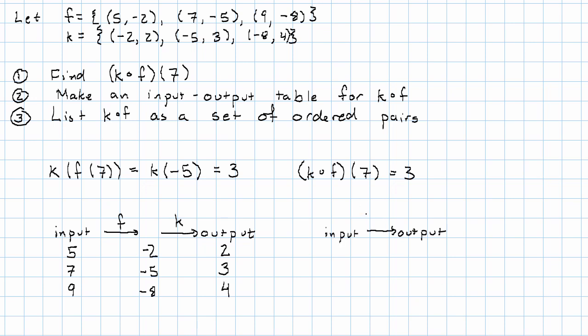So our input-output table for k composed with f is 5 goes to 2, 7 goes to 3, and 9 goes to 4.